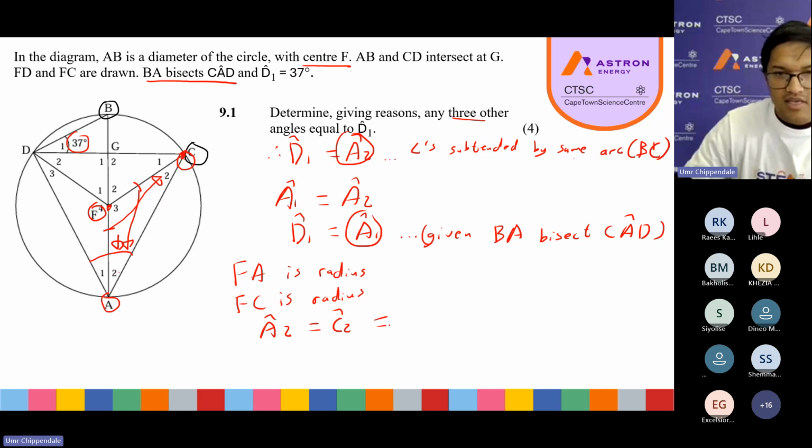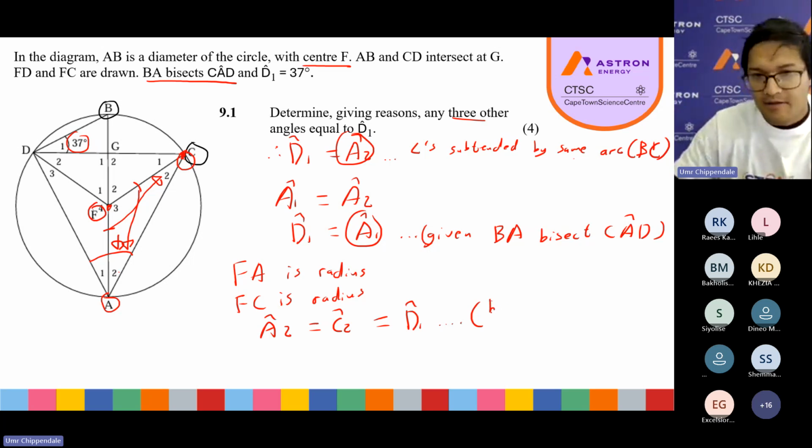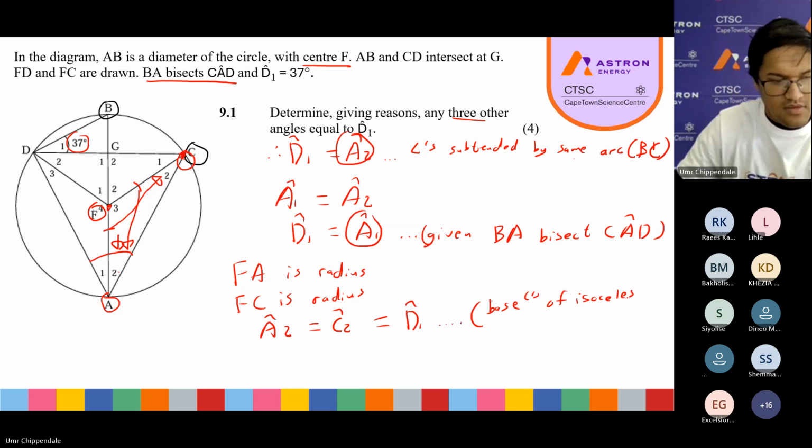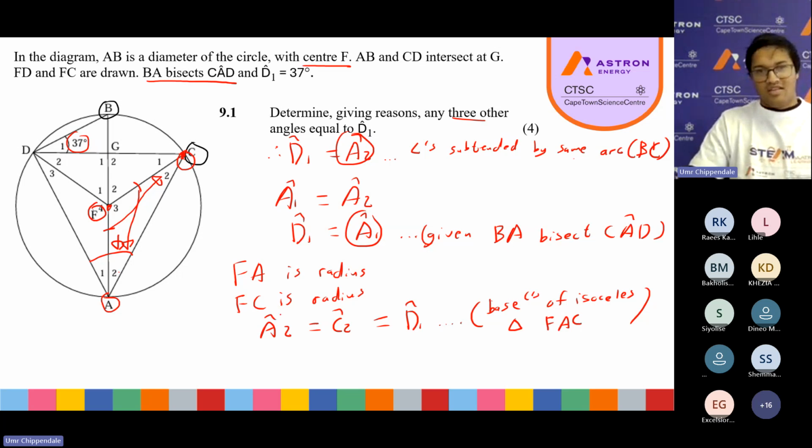Then you can say that is also equal to D1. Because we have 2 sides that are equal, that makes it the base angles of isosceles triangles. And just because we want to be extra and show them you know what you're speaking about, they're speaking of triangle FAC. There we go. And that's where you got to 3.